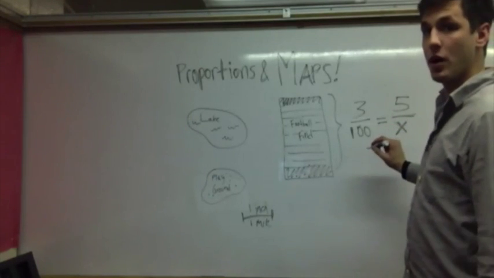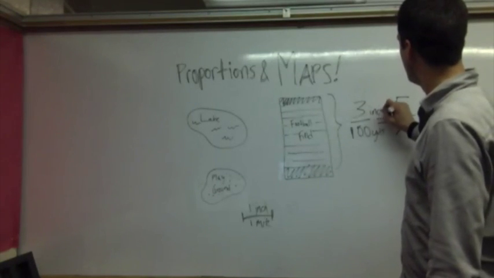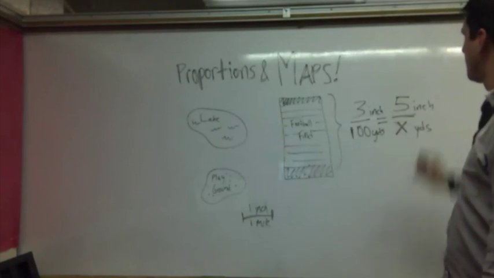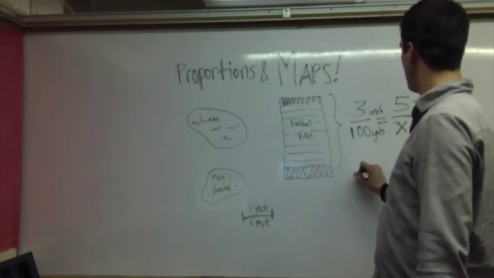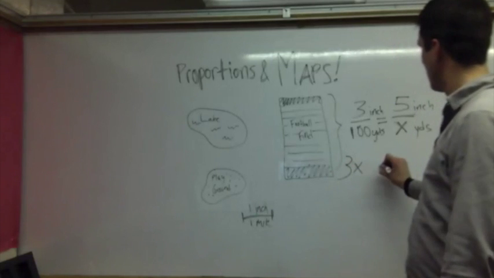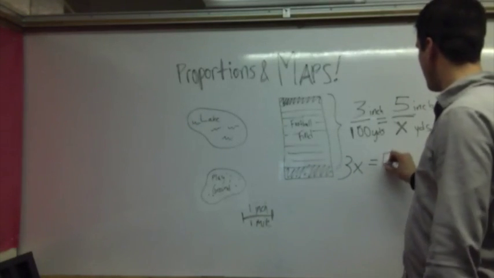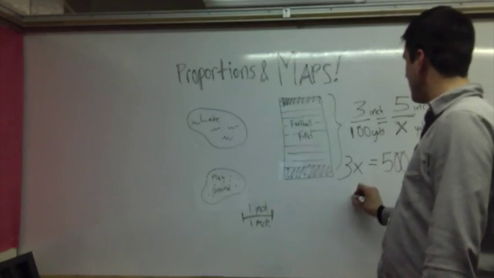And typically you want to have units on these, so we'd have yards, inches, yards. And if you were to solve this, x would cross multiply with 3, and that would equal 100 cross multiplying with 5, so 500. Get the x alone by dividing each side by 3.